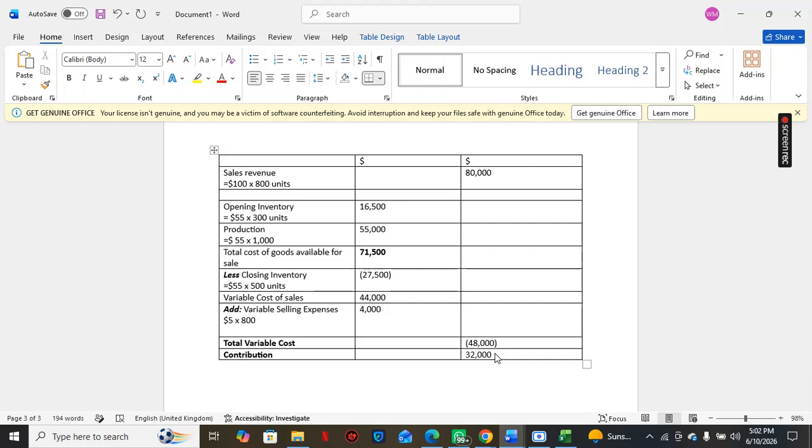Once we've got our contribution, remember, this is the money that is used to cover the fixed costs. Now we say less fixed costs. These are the costs that will be treated as the period costs.